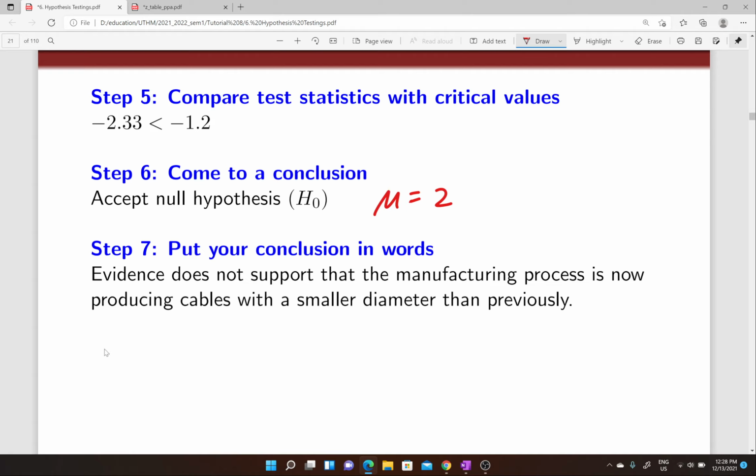But if you want to follow the null hypothesis, evidence supports that the manufacturing process is now producing cable with the diameter of 2 cm, also can, no problem.